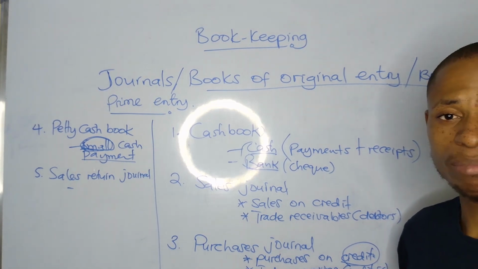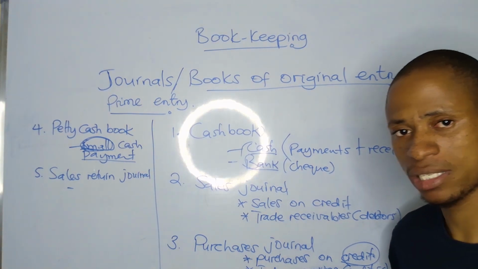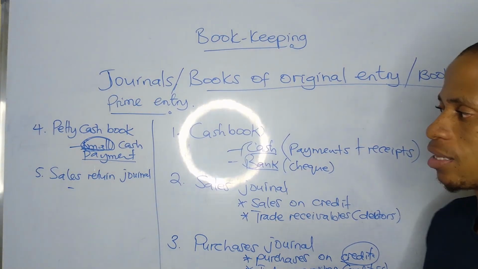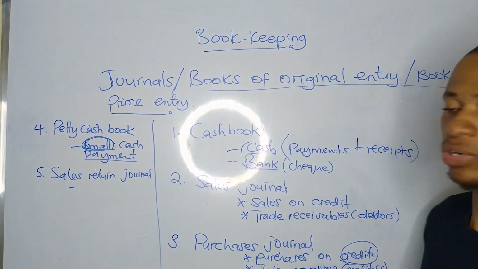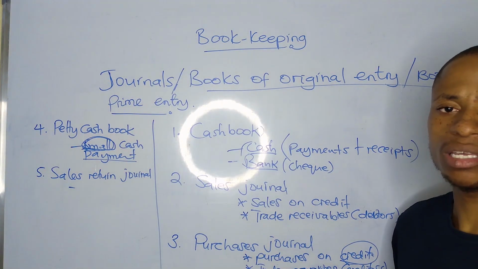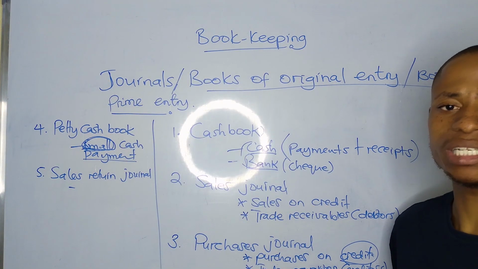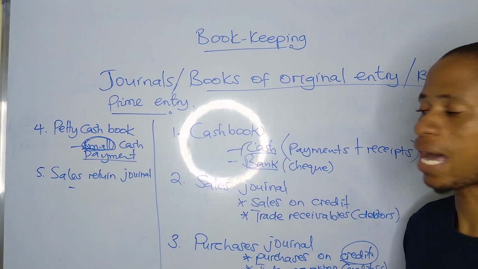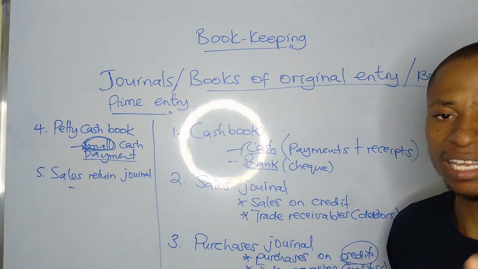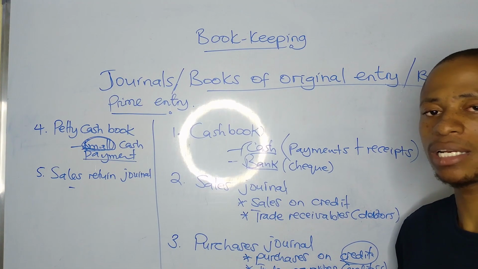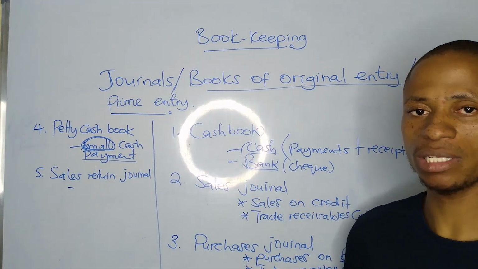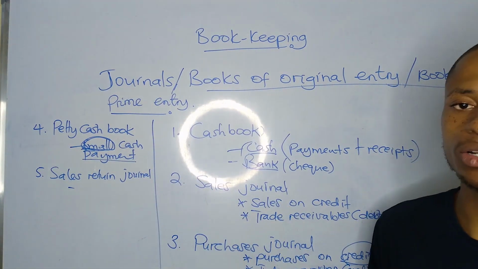All the goods that have been returned from customers back to the business that were once sold are recorded in a sales return journal. It's also known as the return inwards journal.